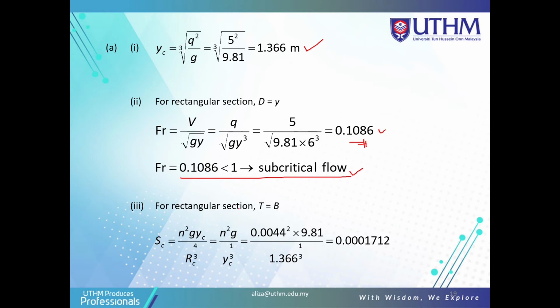For the rectangular section, T is equal to B, so we use the critical slope formula.